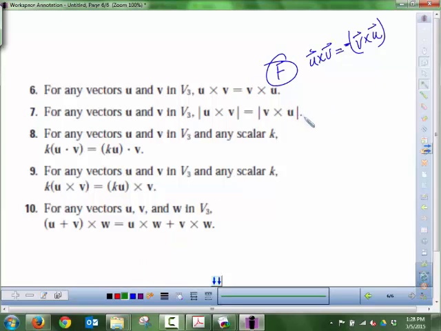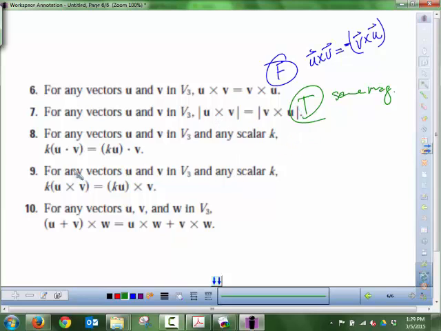How about number 7? Is this true or false? True. This is true because it's the same length, just going in different directions, so the magnitude will be the same. In fact, if you think about it as a parallelogram, those parallelograms will have the same area.